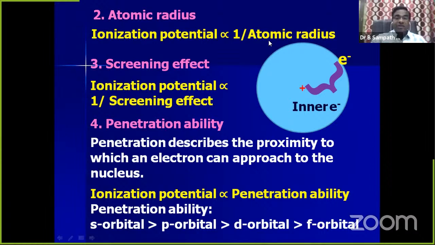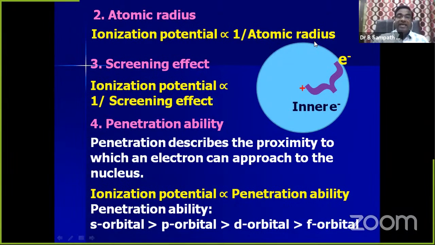Here, when the atomic radius is more, the nuclear attraction decreases on valence electrons. Therefore, easily we can remove the valence electron. That's why minimum amount of energy is required. Therefore, if atomic radius is more, minimum amount of energy required, that is less ionization potential. If atomic radius is less, what happens?